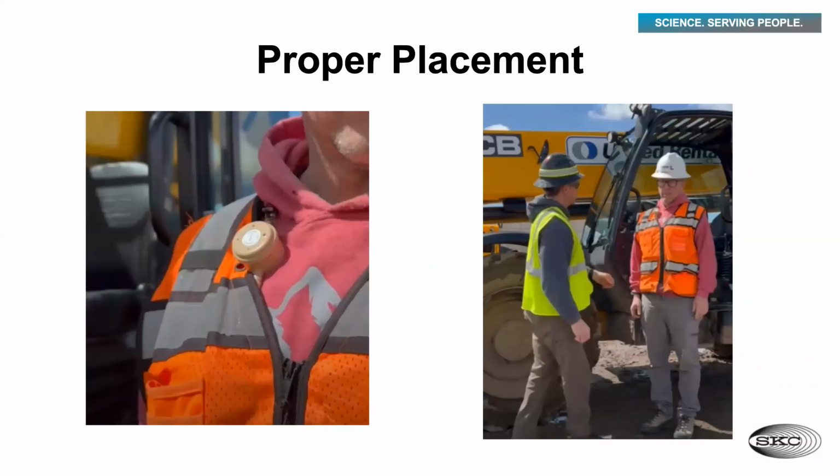So as far as proper placement goes, you'll notice the picture on the left. The gentleman has this tucked in right next to his hoodie. He has all of the tubing inside of his safety vest. So the only thing that's poking out is your PPI. This makes it very convenient for them, because one thing that I think we need to understand is that people don't love being sampled. And I think we all know that.